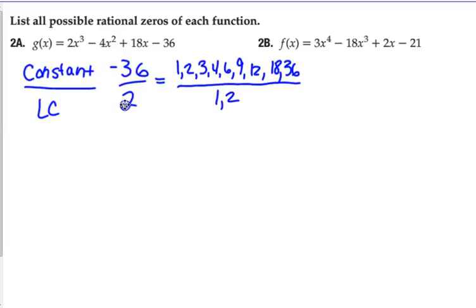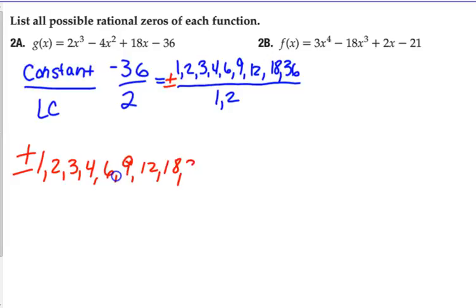Now, on a test or quiz, you will have to write out what this means. You can't just leave it like this. You don't have to write out the positive ones separate from the negative ones. So if you write out plus or minus, all of those over 1 would just be whole numbers. And this is a long list. I would probably not put this on a quiz because I don't want to grade it.